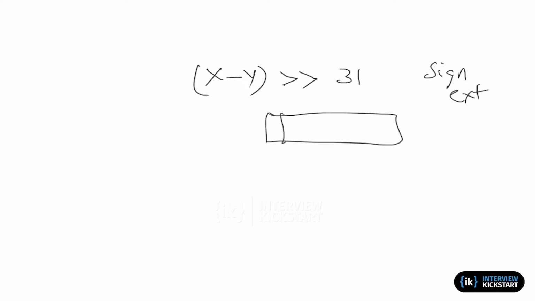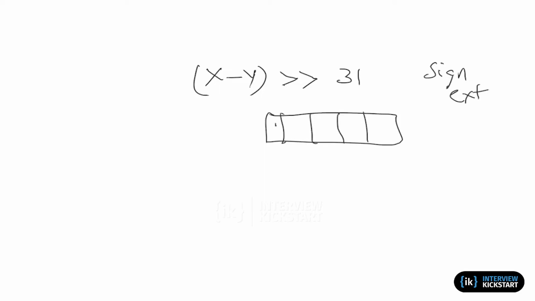So the problem becomes, how do I find the sign bit? Here is one way you can do it. You have X minus Y as a number with the sign bit set. Now, if you do a right shift of 31 bits, you know that in ARM there is something called sign extension, which means if the sign bit was set, all the bits will become 1.